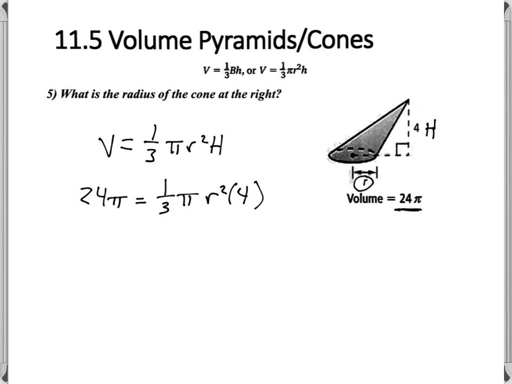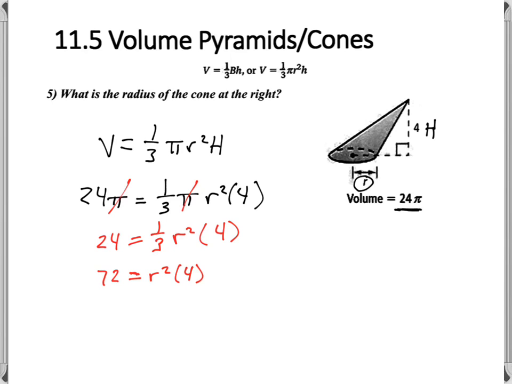So right off the bat, I know we can go ahead and cancel the pi's because there's one on each side. So now we've got 24 equals 1/3 radius squared times 4. To get rid of the 1/3, we can multiply both sides by 3, which gives us 72 equals radius squared times 4.